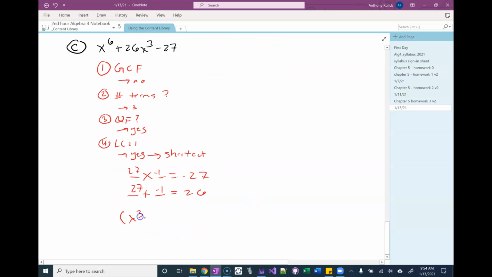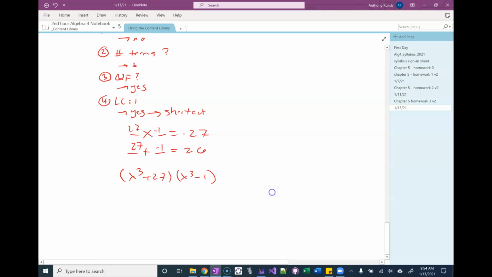So we can write x cubed plus 27 times x cubed minus 1. When I go through the first one, I'll check to see if it's a difference of 2 squares, which it's clearly not. And then we'll look at sum of 2 cubes or difference of 2 cubes, and that it is.